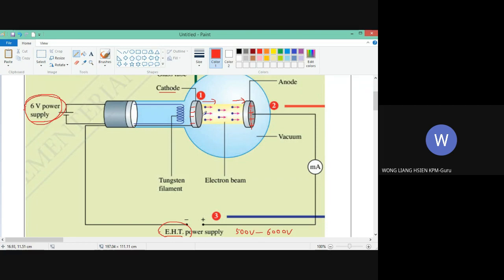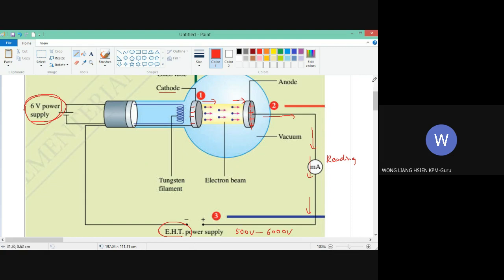So the electrons with enough energy due to heating will fly out from the cathode and go towards the anode, and then flow and pass through the mini ammeter. This mini ammeter will show a reading, so you can see that there is current flowing when you turn on this apparatus.